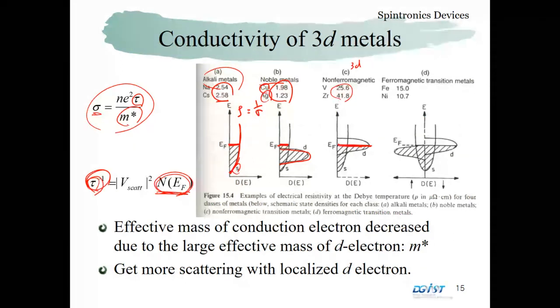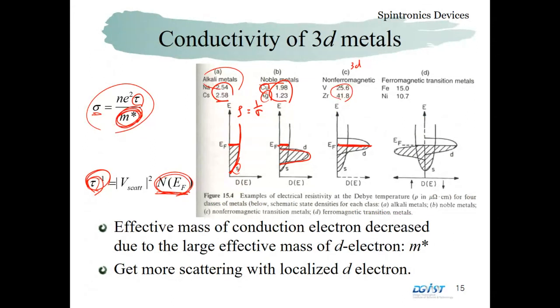And the other factor is the effective mass of the band. Generally, the effective mass of the d band is larger than that of the s band, if we think about this simple electron model.